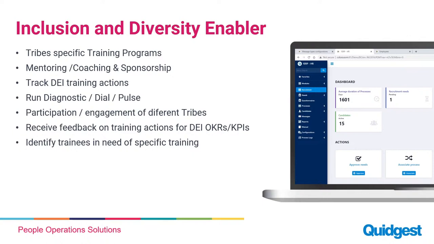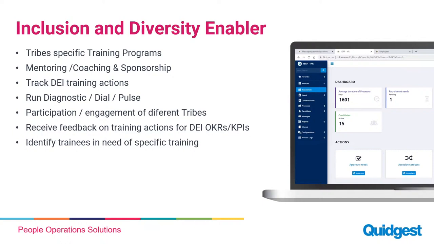Which trainees self-enroll in some actions compared to other ones that don't self-enroll, for example. So you want to make sure that you are tracking for the other trainings that are happening in your organization who's attending and why they're attending and the results that they're getting. And if you're missing or lacking the development of some components in different tribes.